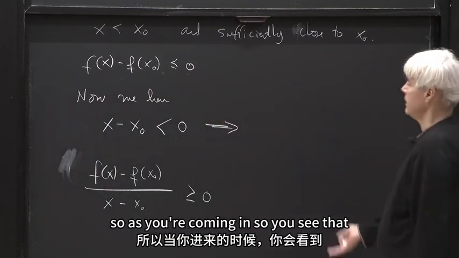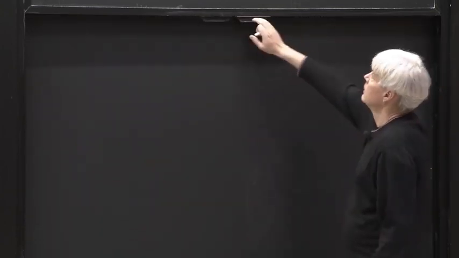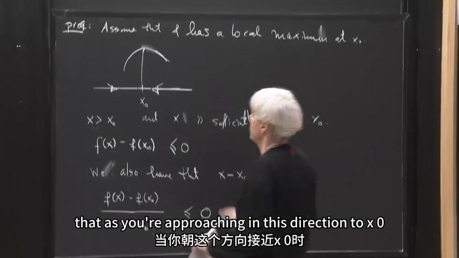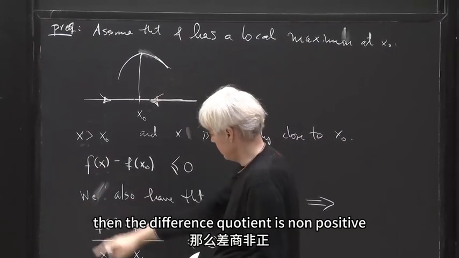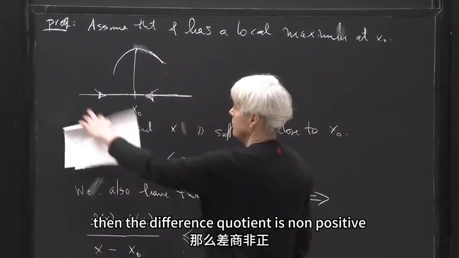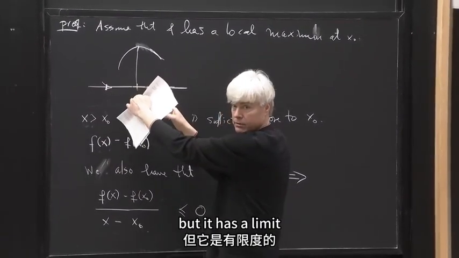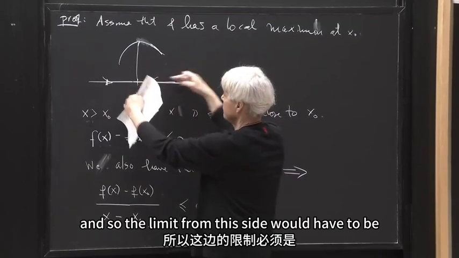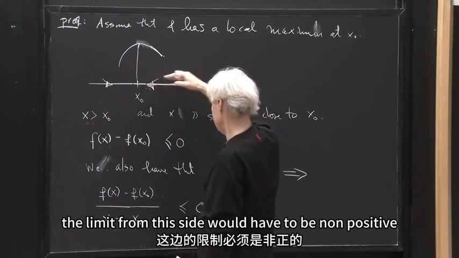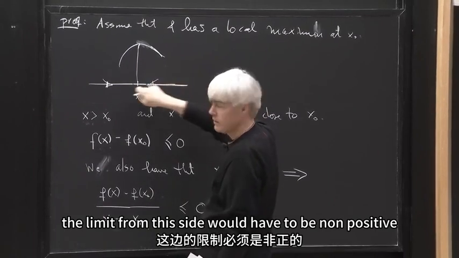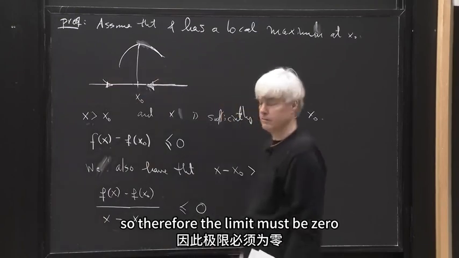So as you're approaching in this direction to x0, the difference quotient is non-positive. When you're coming in here, it's non-negative. But it has a limit. And so the limit from this side would have to be non-positive, and the limit from this one non-negative, so therefore the limit must be 0, right?